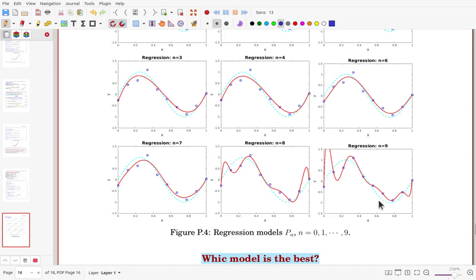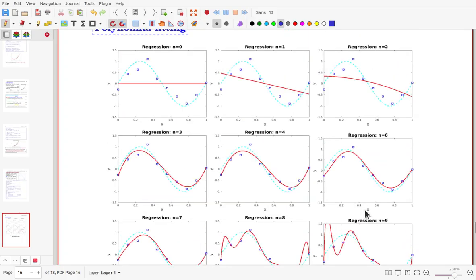For the ninth order polynomial, there are 10 points, so in fact it passes through all points. So the error will be 0. But from here, it starts oscillating. So it looks like the best model is around there.